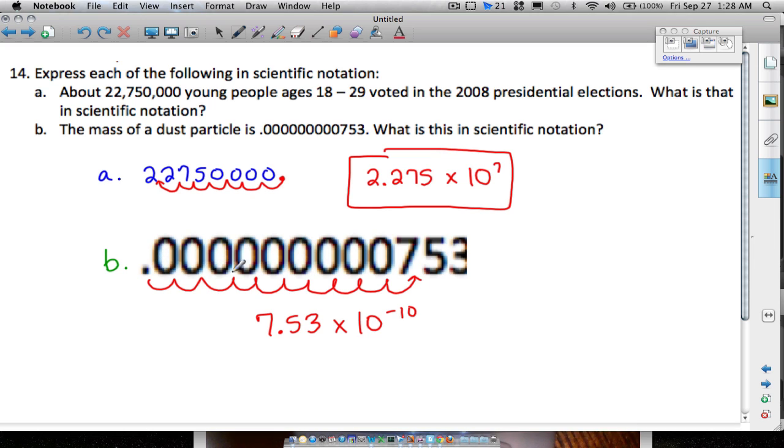And again, I move that many places because we want one non-zero digit to the left of the decimal when we write this in scientific notation. So that is our scientific notation for that. That number is really small. This number right here is bigger than that, but when we use a negative exponent, it's essentially going to make it smaller.